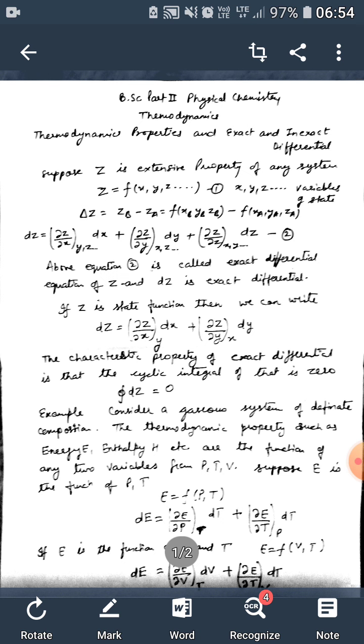So in this reference we imagine a gaseous system having definite composition, and energy and enthalpy are thermodynamic properties of that system, and this energy and enthalpy are functions of any two variables from temperature, pressure and volume.